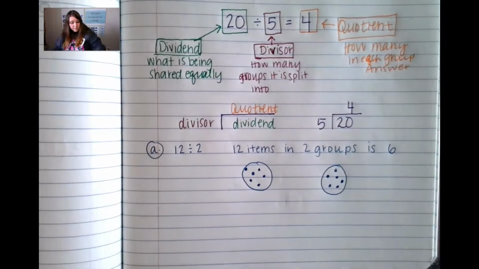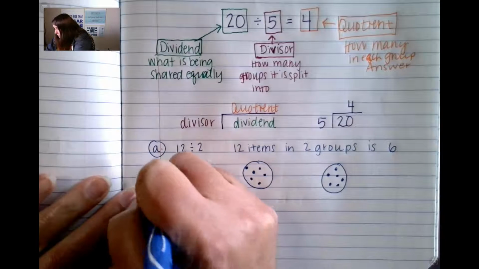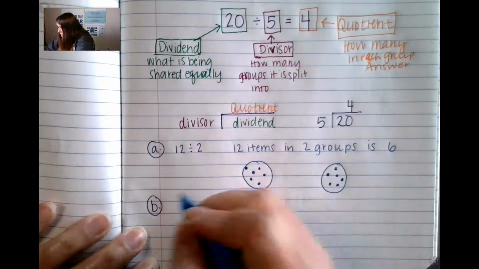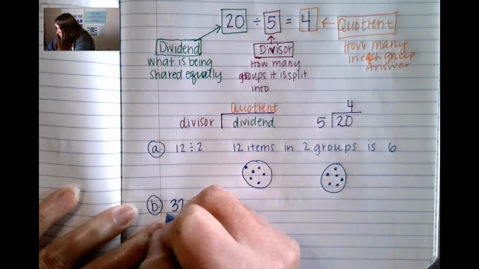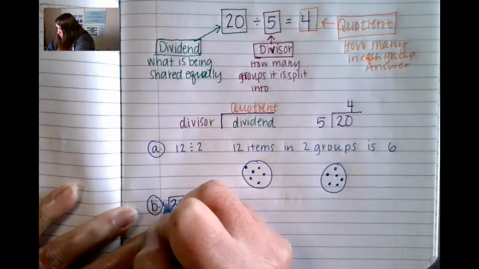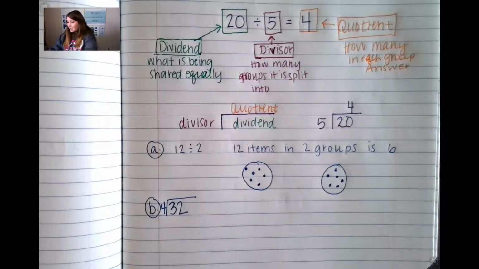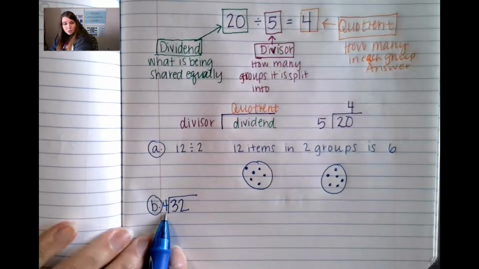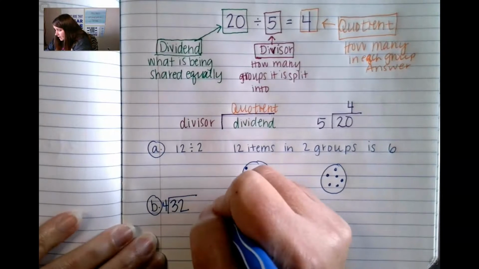Okay, let's do another example. Let's do example B. Let's say that I have 32 divided by 4. So this really means that I have 32 things divided into 4 groups, right?